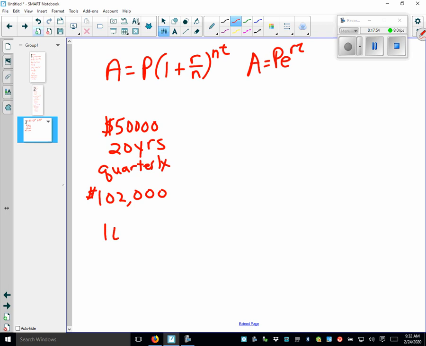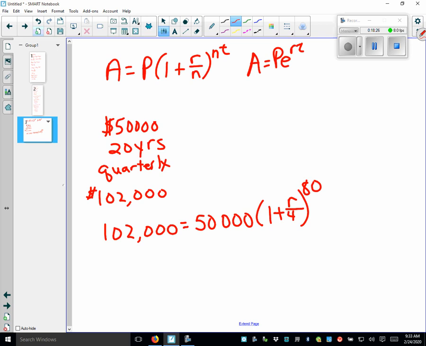So is $102,000 equal to $50,000 times 1 plus R over what is N? 4. And what is N times T? 80.